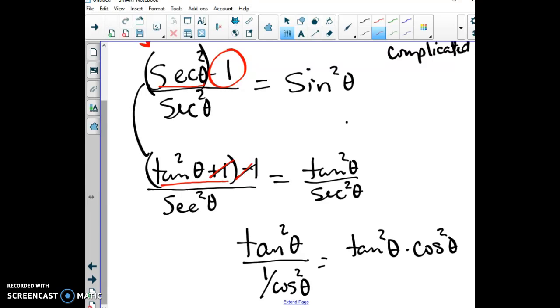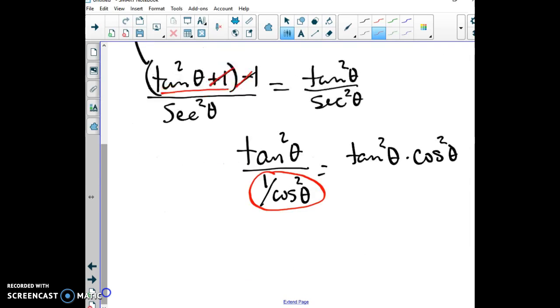And you can see in example 1, they're going to take secant squared and turn it into 1 over cosine squared.